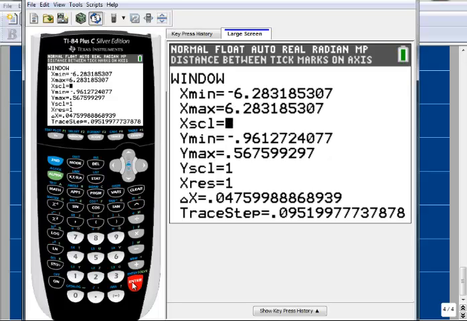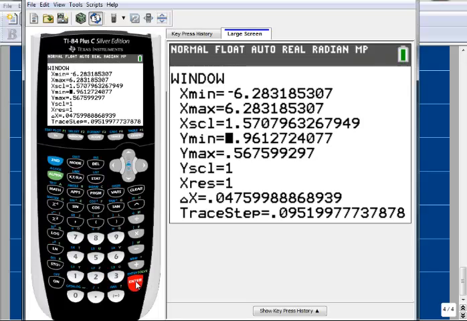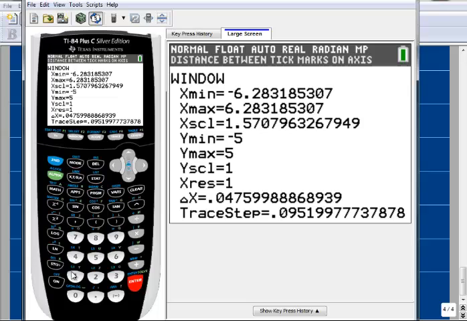We've been using increments of pi over 2 on the x-axis, so I'm going to choose that: pi divided by 2. We know that our sine wave has a maximum value of 1 and a minimum value of negative 1, so I would choose y values appropriately. I want a little bit of room to shift this graph up and down, so I'll make this negative 5 to 5, with a y scale of 1.